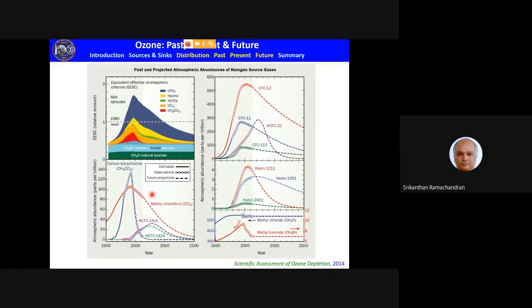Subsequently, we have gone on to alternatives wherever these gases were being used in industrial production, including refrigeration, shipbuilding, foaming industries, etc. They have been replaced by either hydrochlorofluorocarbons or hydrocarbons, for example, HFCs, hydrofluorocarbons.